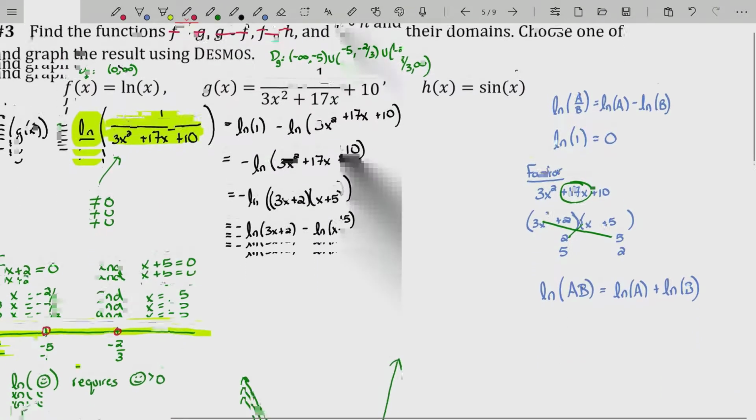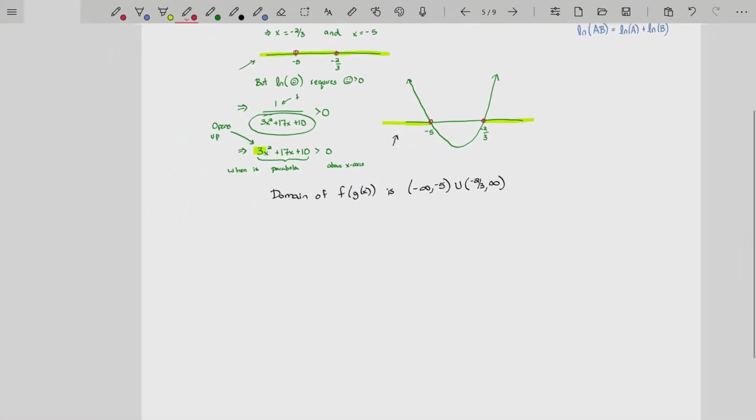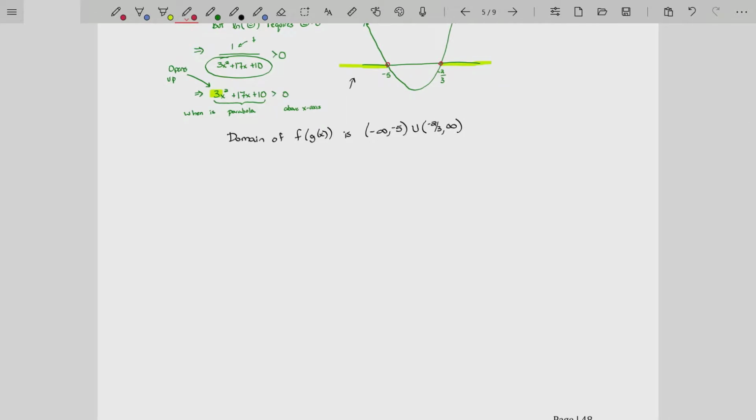on this page. H composed with h is sine composed with sine. It's almost too silly to do. You know that the domain of sine, what you're going to plug in here, is all real numbers.